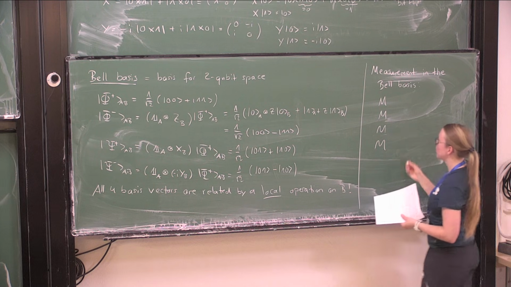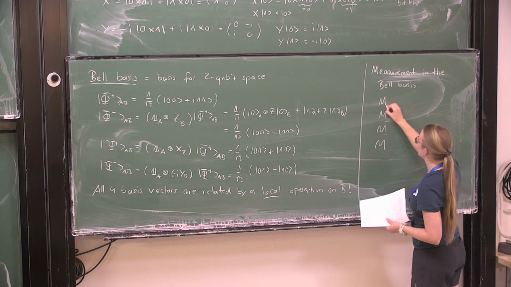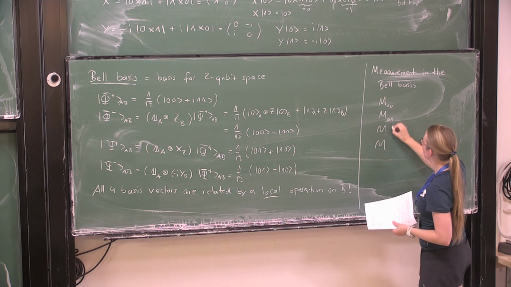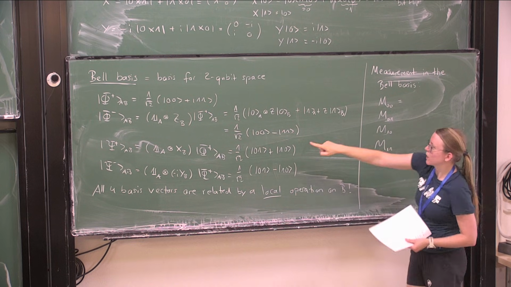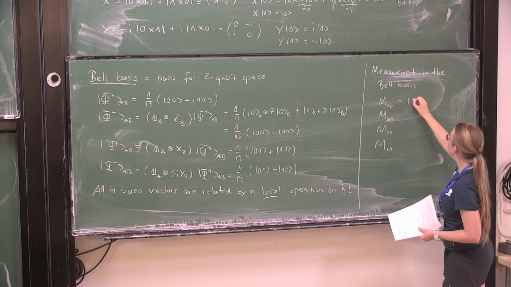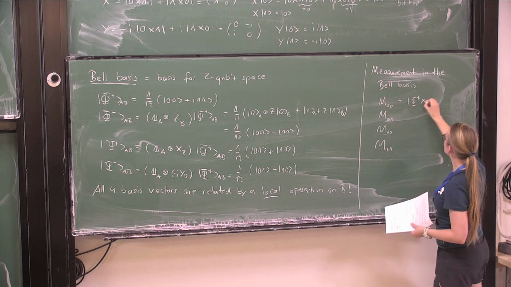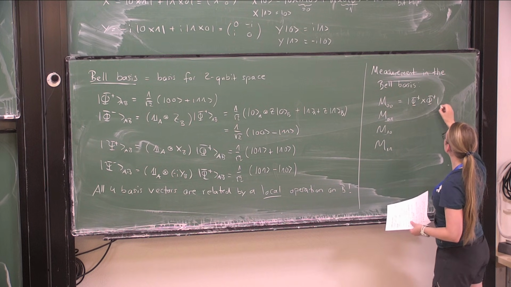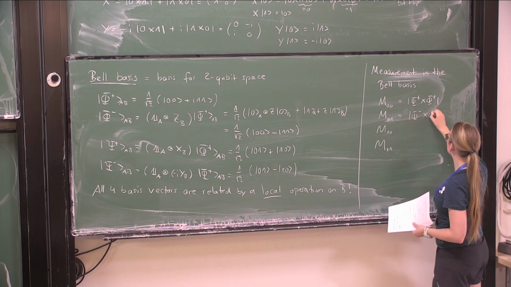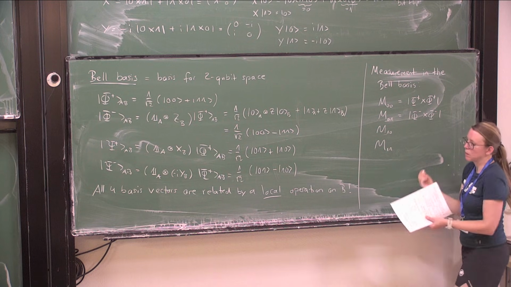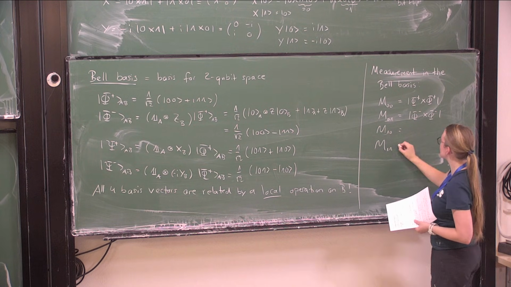And I will index them, so I can index them with 2 bits: 0, 0, 0, 1, 1, 0, 1, 1. In the first one I will take the first state, phi plus. Second one is then the phi minus. And you see the pattern. Then I take psi plus and psi minus.